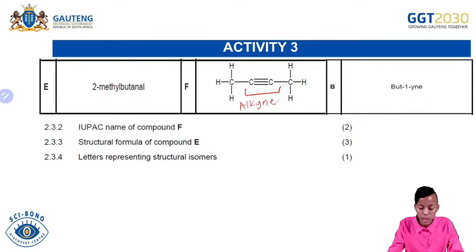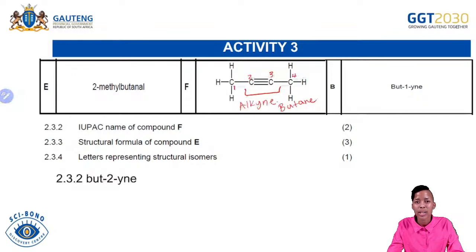The next step is that you need to count the number of carbons. So we have 1, 2, 3, 4. If we have a total of 4 carbons, if this was an alkane, then the name would be butane. Because this is now an alkyne, what is important here?